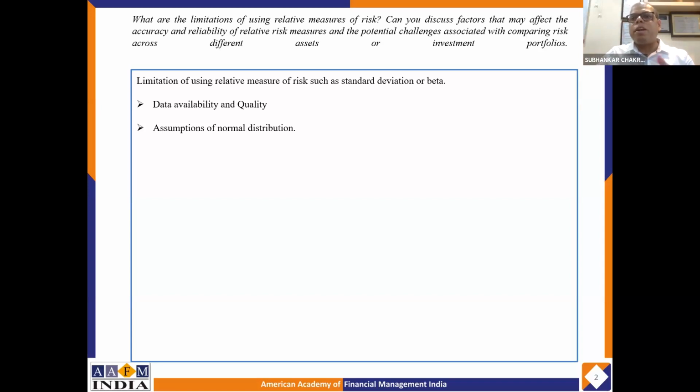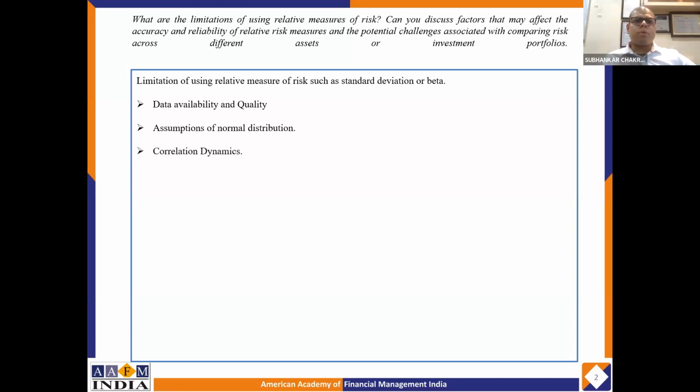There will be some kind of skewness. That skewness will be present in the data, and that is how the data will be presented to you. So you cannot have a normal distribution of data, and that is another assumption that we make when we use these relative measures of risk, and that assumption is wrong. I mean, in a real-time scenario, it can be wrong.